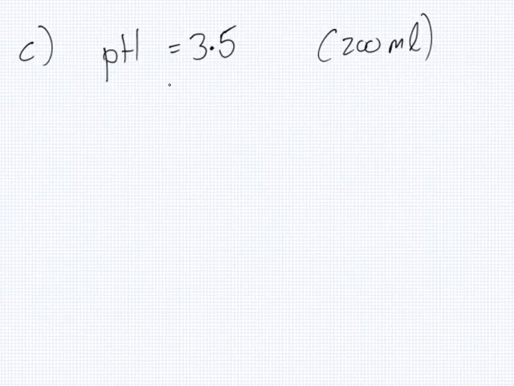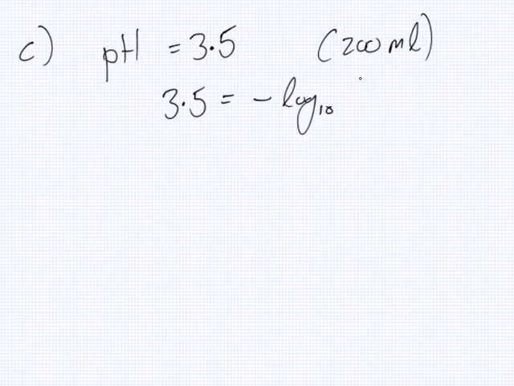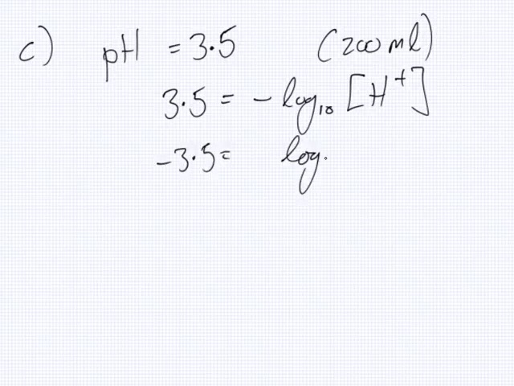Using our formula, pH 3.5 equals minus log base 10 concentration of H plus. Here I'll get minus 3.5 equals log base 10 H plus.